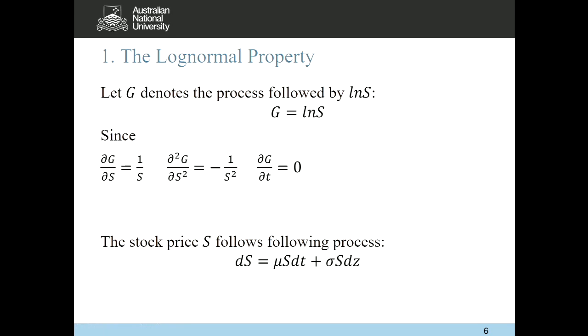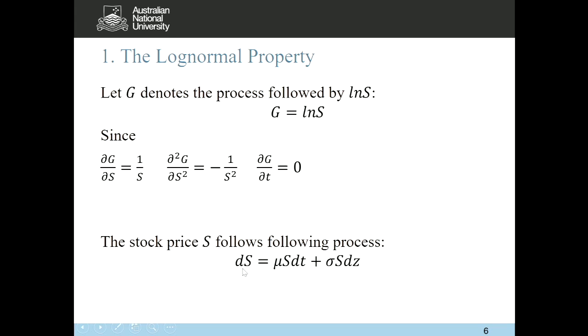Then we're going to make another assumption, okay? Another assumption we're going to make is our stock price S follows the geometric Brownian motion. And how the stock price changes over time is that this is a geometric Brownian motion with an expected return mu and a standard deviation sigma. Okay?